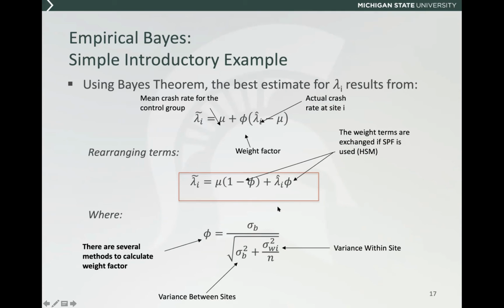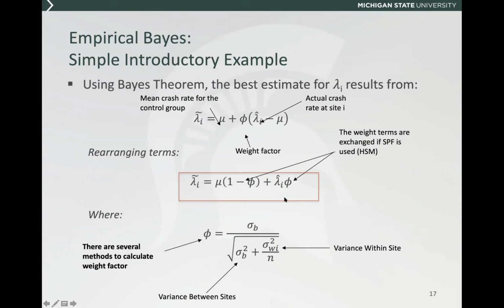And as a general operating rule here, the more variability we see across sites or between sites as compared to the total variability, we would tend to give less weight to the control group if there's greater variability, okay, across those sites. And so if in contrast, we saw that the number of crashes were relatively consistent from site to site, and we tended to see significantly more variability within the sites, then we would tend to give more weight to that long-term average and less weight to the data for that individual site, okay?